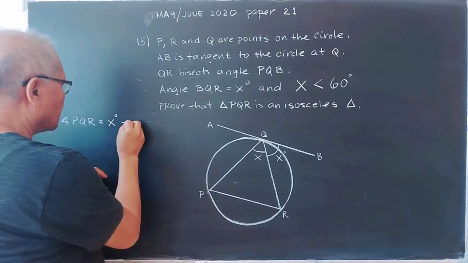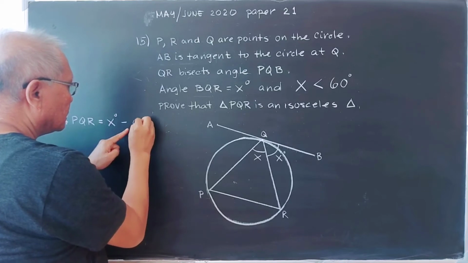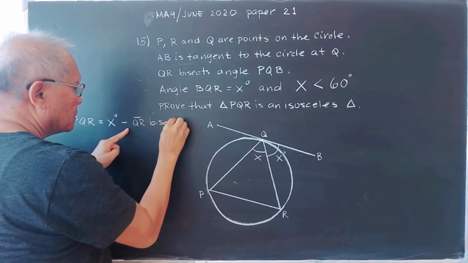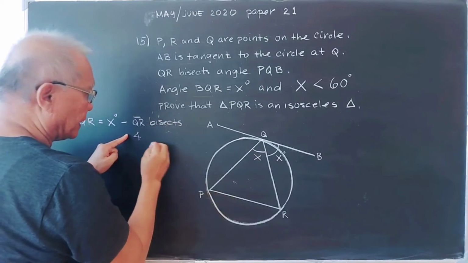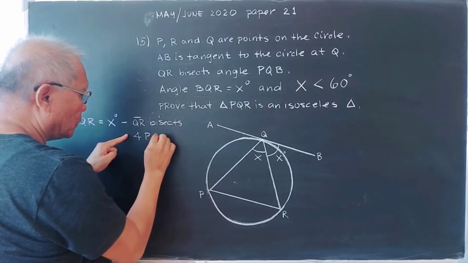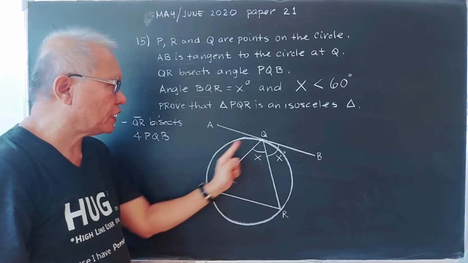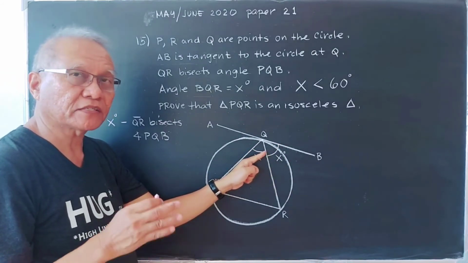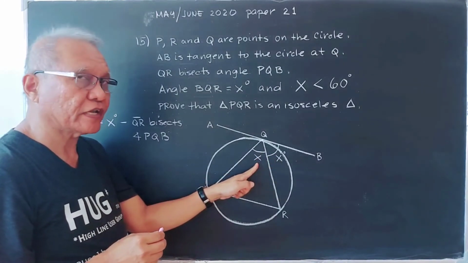Reason? Your reason is because QR bisects angle PQB. If QR bisects PQB, then this angle is equal to this angle, because bisect means to divide into two equal parts. X, X.